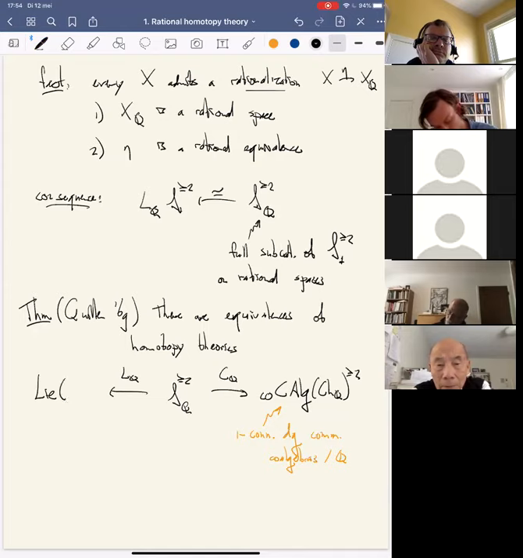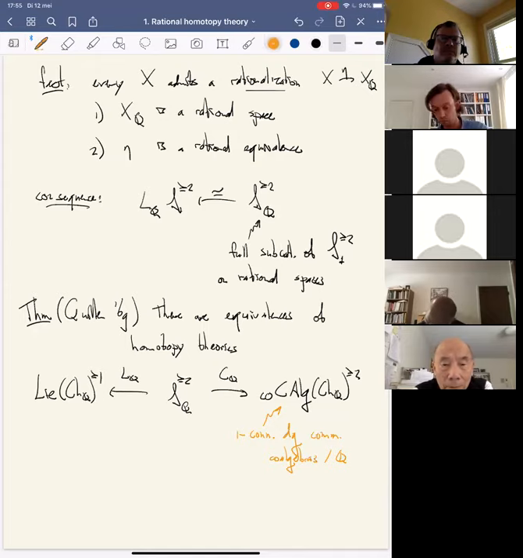We denote it Lie chain complexes over Q, greater than or equal to 1. So these are connected DG Lie algebras over Q.